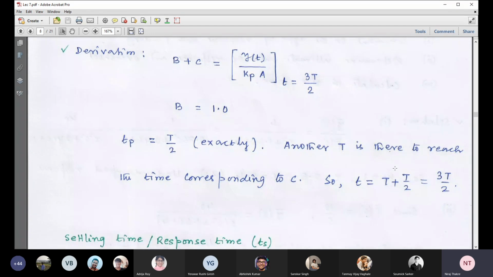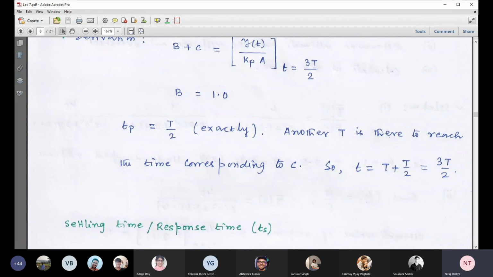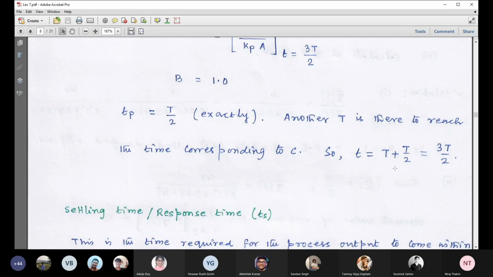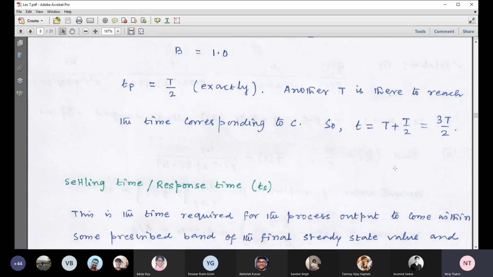Let us come to the next topic, that is settling time or response time. We are using the notation TS for this. You note down the definition first.